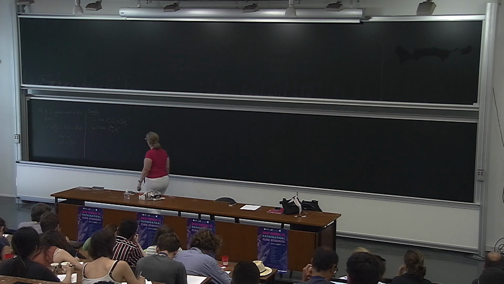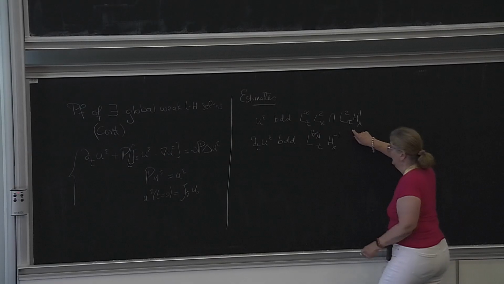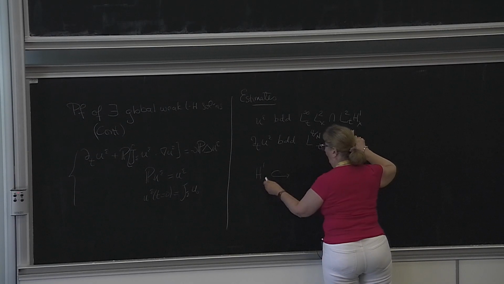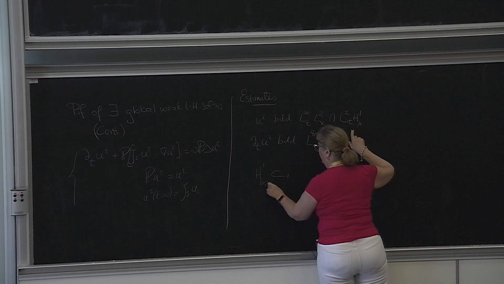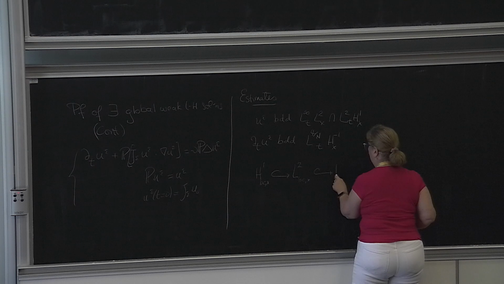So with these estimates, we can use this. We have H1 locally, of course, compactly embedded in L2. Everything is local. And this is in H minus 1.